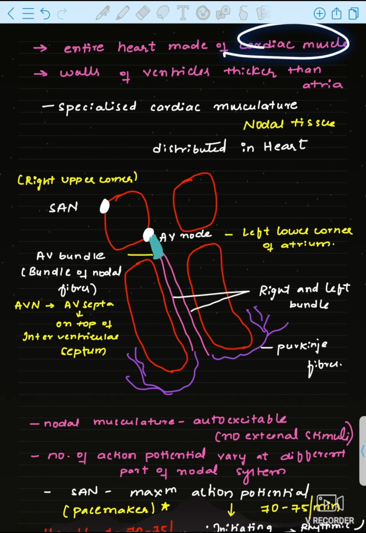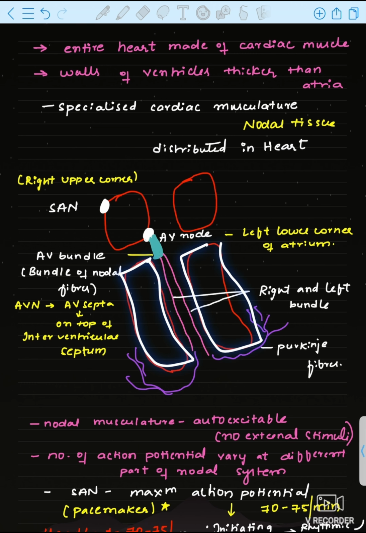Cardiac muscle means what? The muscle which is self-excitable and can contract by itself. Okay, now see, the walls of the ventricles are a little bit thicker, thicker than atrial walls. Why?